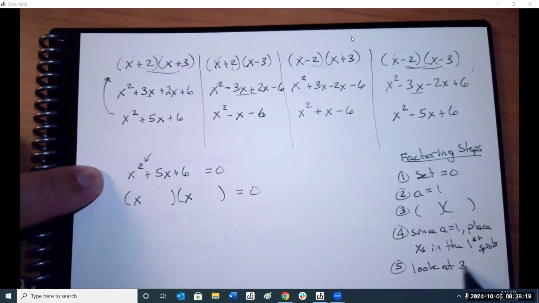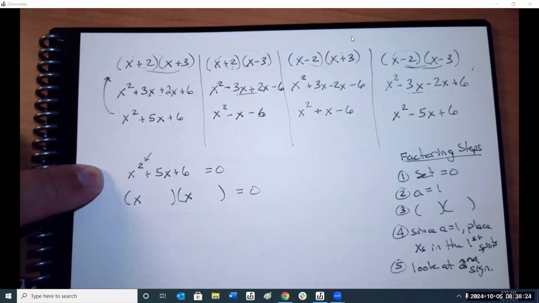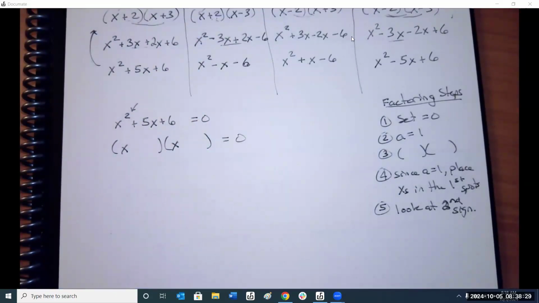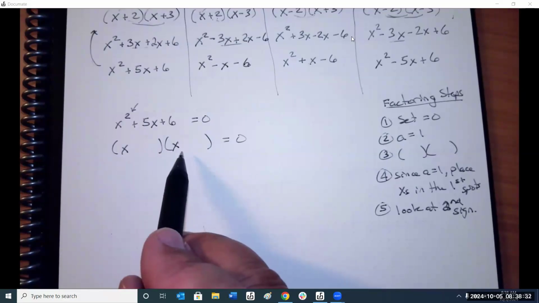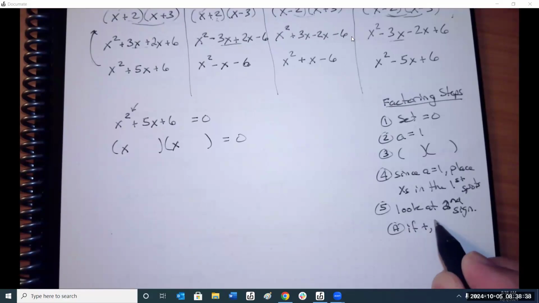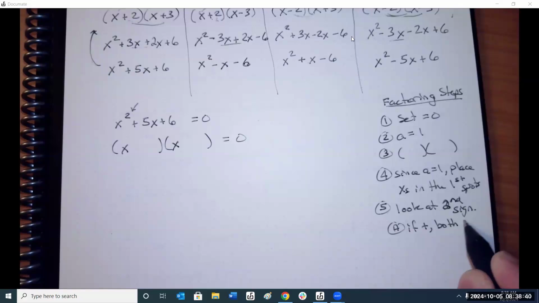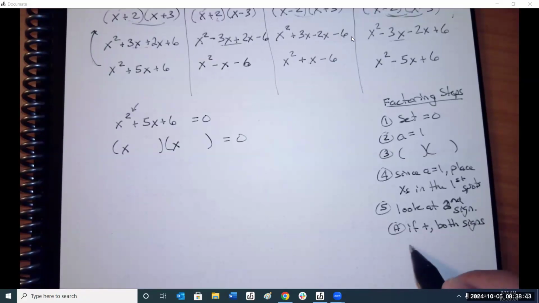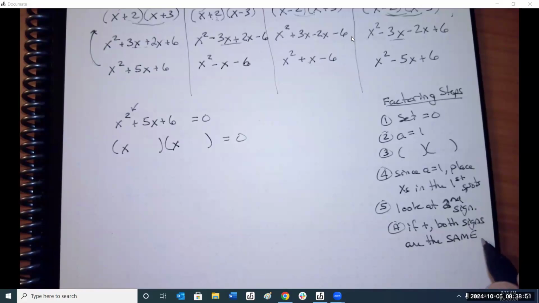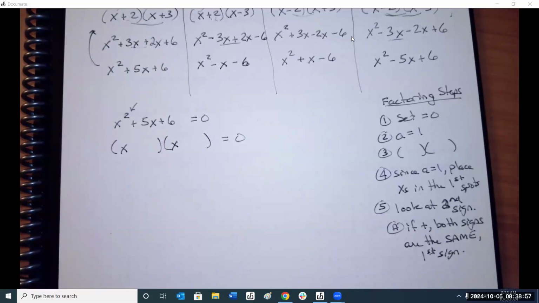Look at the second sign. The second sign is going to tell us what signs go inside here. If it's a plus, both signs are the same. And they're the first sign.